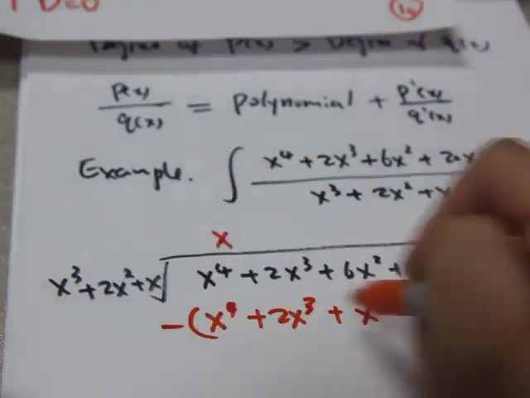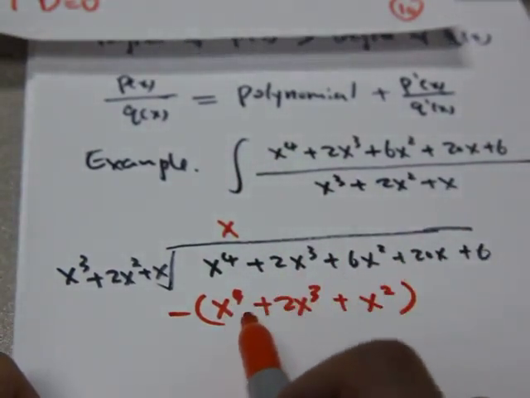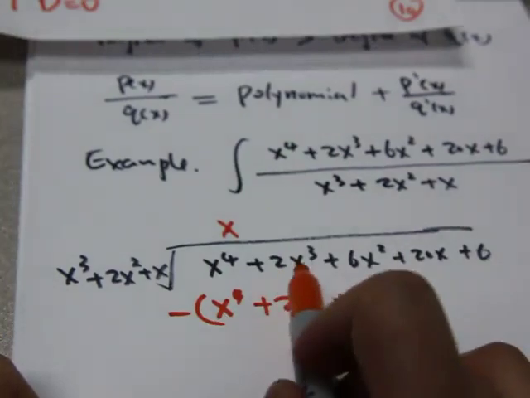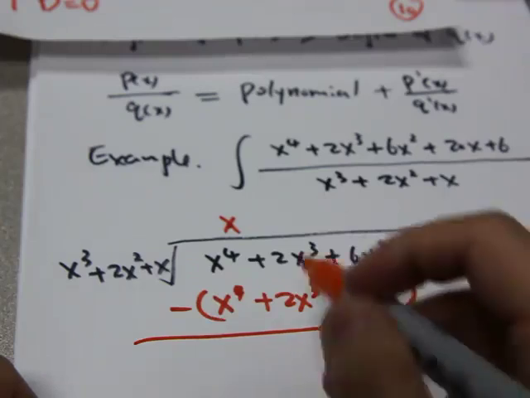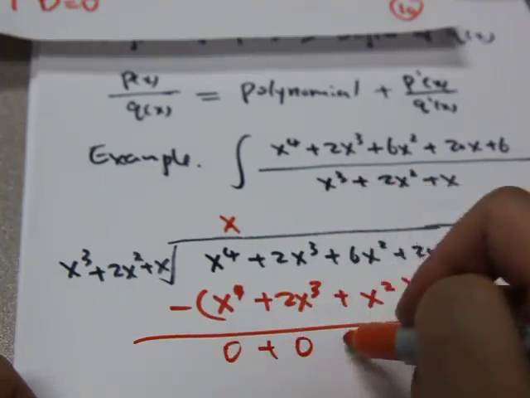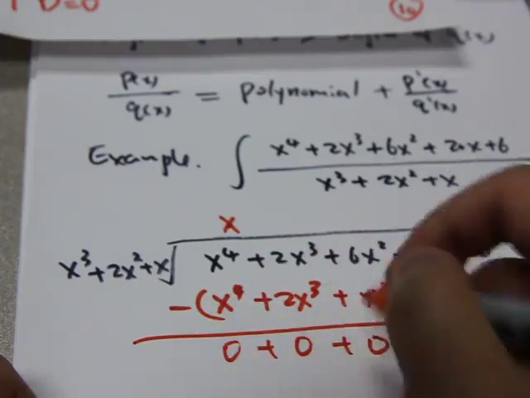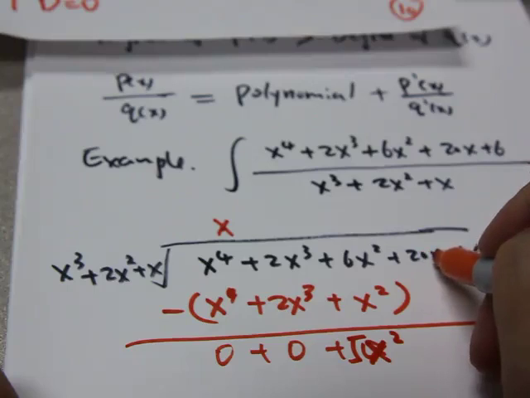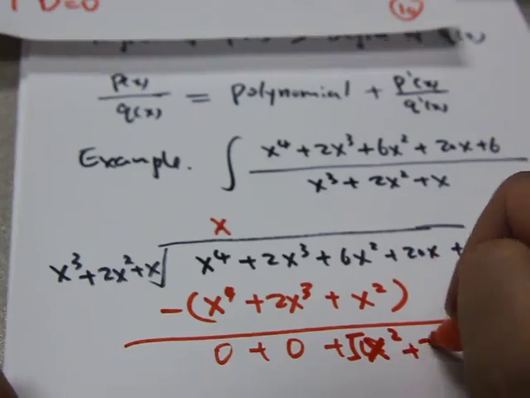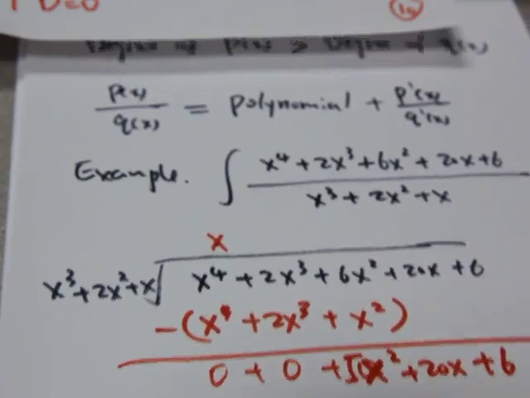And then we subtract. We subtract this polynomial from the polynomial above. So we have 0, 0, 0. Sorry, this is 6x squared minus x squared, so this is 5x squared. And 20x minus 0, so we have 20x. And 6 minus 0, we have 6.